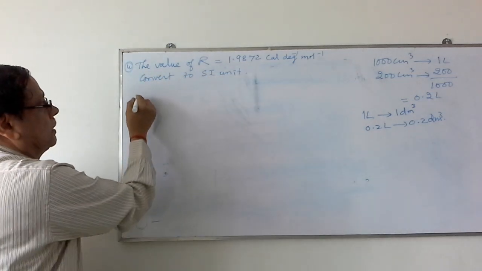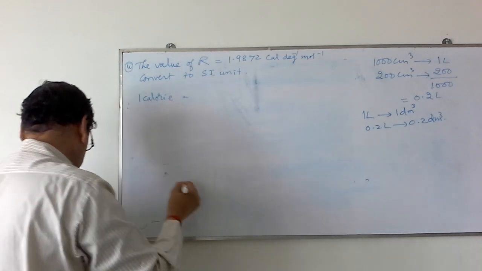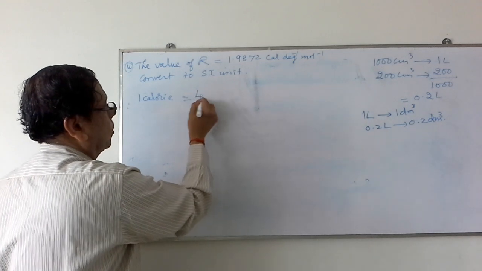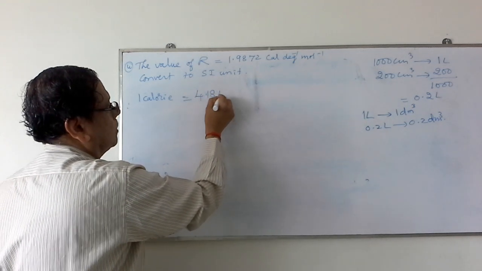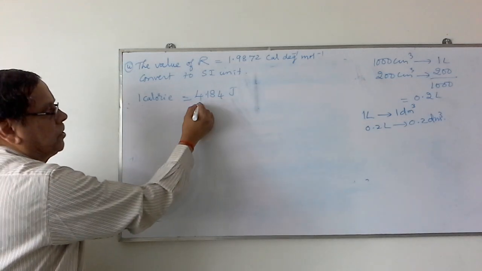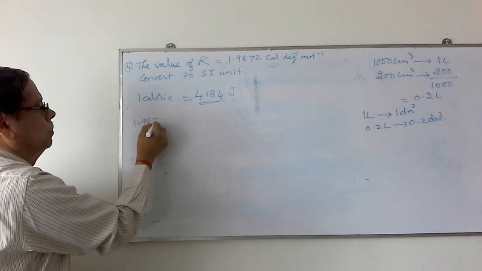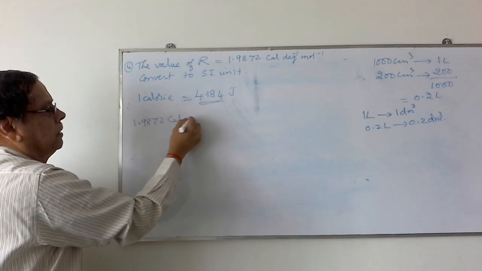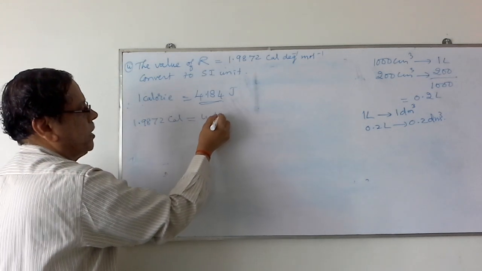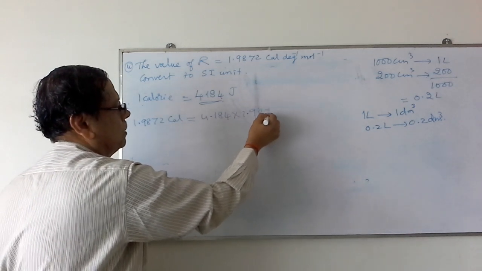The conversion factor: 1 calorie is equal to 4.184 joules. So 1 calorie corresponds to 4.184 joules. Therefore, 1.9872 calorie is equal to 4.184 into 1.9872.